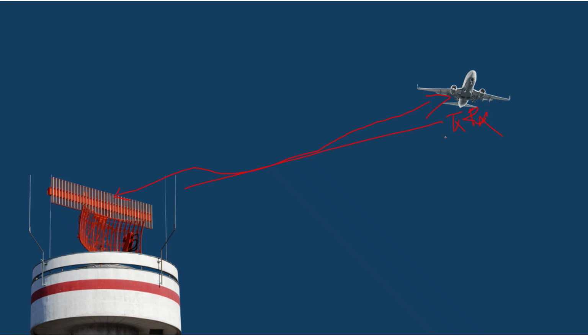That code will have the information about the ID and also the altitude of this aircraft. So our radar will be receiving the ID, altitude, range, velocity, and also the angle information of this aircraft.